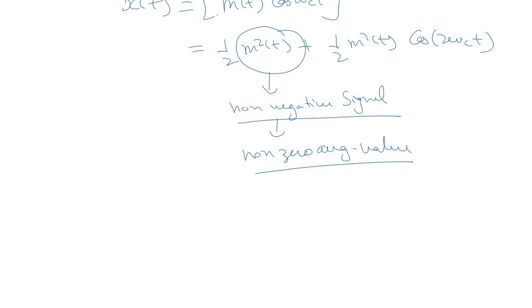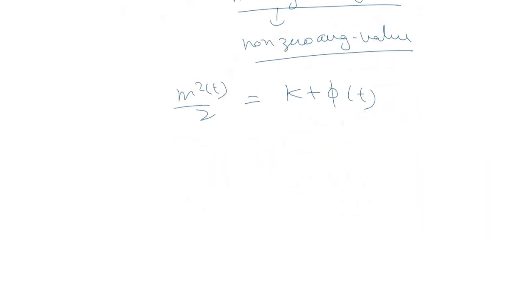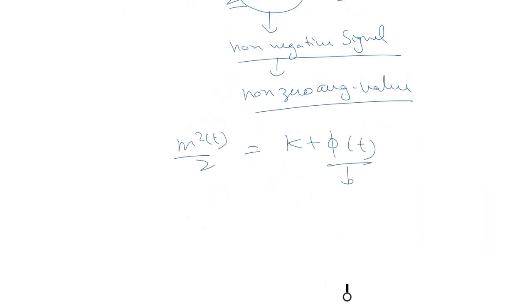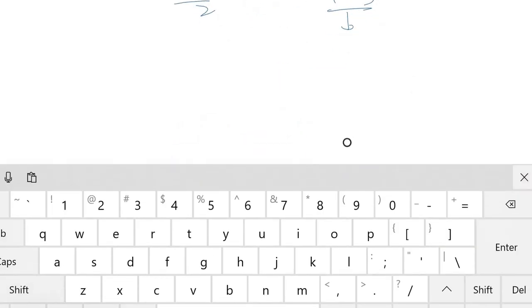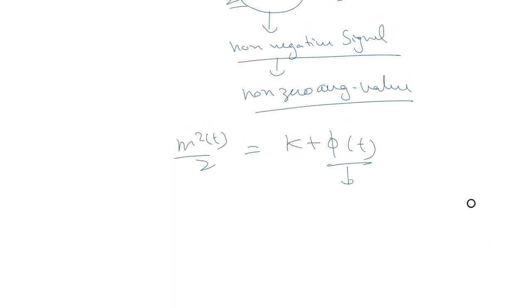So let the average value, which is the DC component of this m²(t)/2, be, let's say, some constant k. Average value, which is the DC component, let it be k. So we can express this m²(t)/2 as k plus some φ(t), isn't it? Where φ(t) is the zero mean baseband signal.